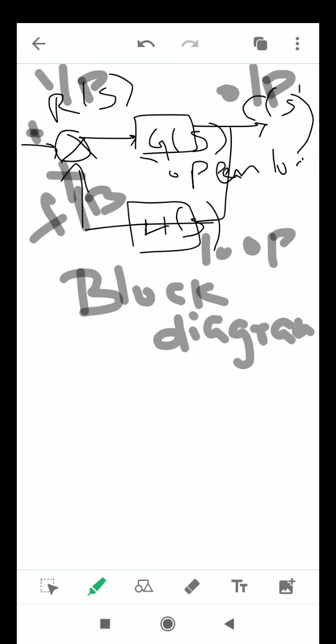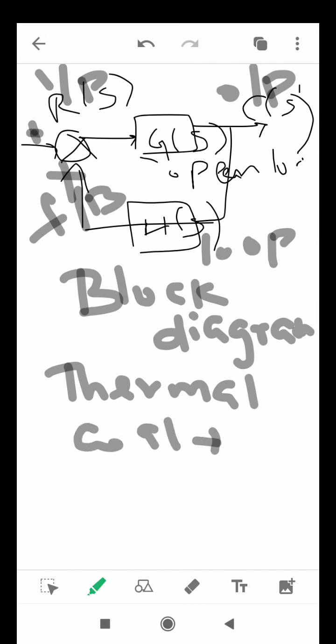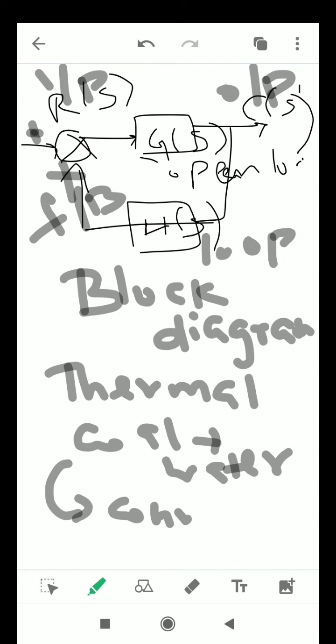Now, this is for a simple system. Suppose you have a complicated system, like a big thermal power plant, where you use coal to boil water in a boiler. You will have a coal conveyor system which is to be controlled.